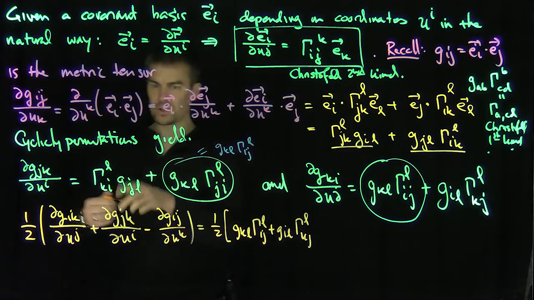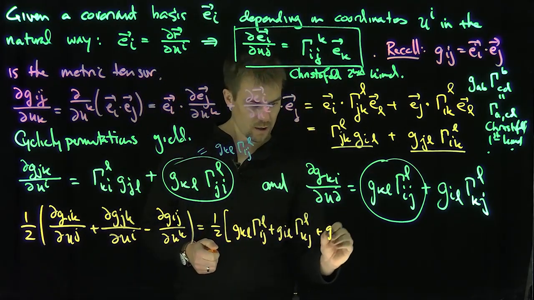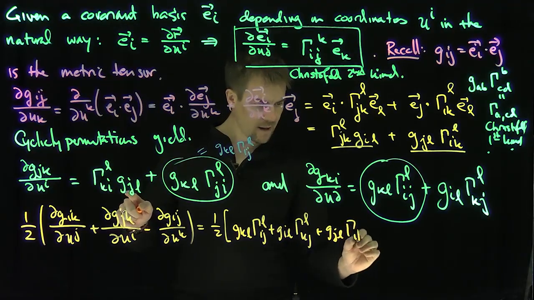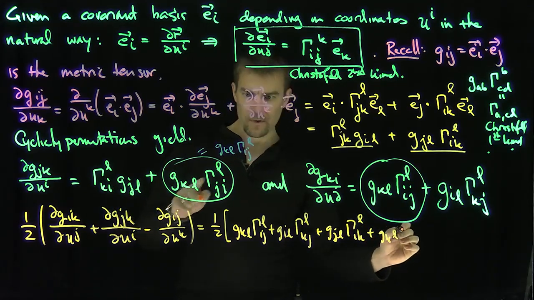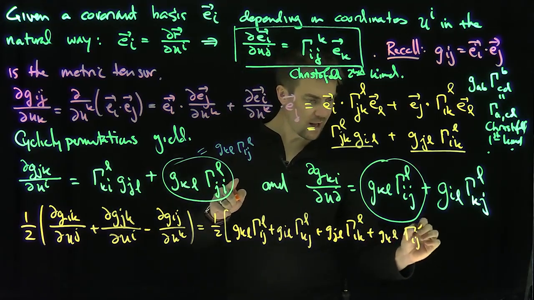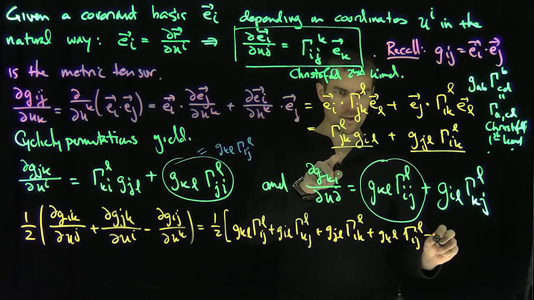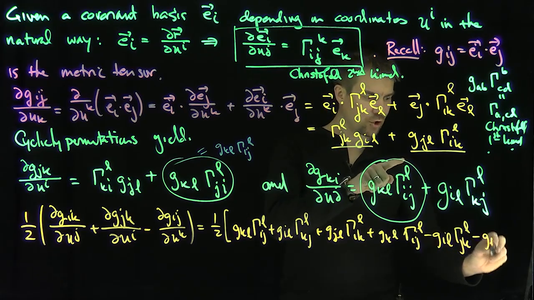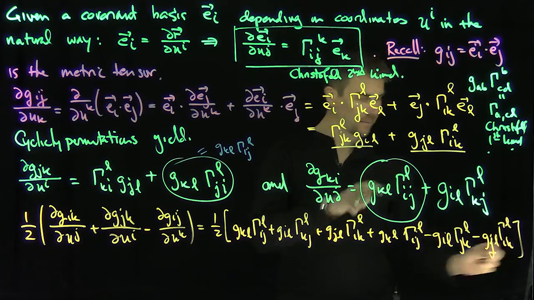And I'm going to add to that this expression over here, the KJ term. So that's going to be added to a G_{JL} gamma_{IK}^L by symmetry, and then plus a G_{KL} gamma_{IJ}^L, and then finally minus these terms up here that we started with, right? So minus G_{IL} gamma_{JK}^L, and then minus G_{JL} gamma_{IK}^L, like that, okay?